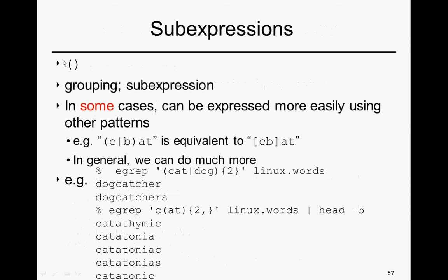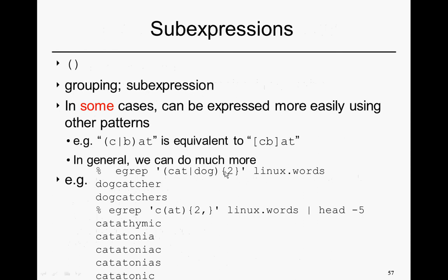Subexpressions can be used as a key component to build up higher level quantities within our regular expressions, kind of abstractions built up as units that we can then use. So we can say, for example, that we want to match a cat or a dog, and by putting in these parentheses, we're going to be doing two things. The first is we can refer to it as a unit.